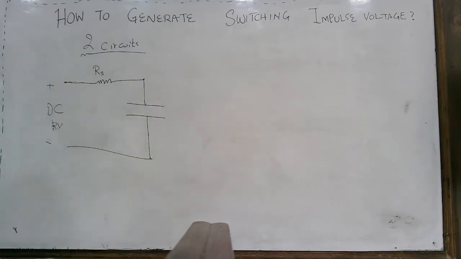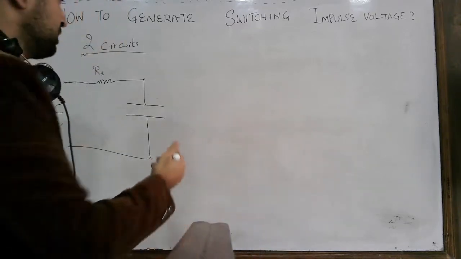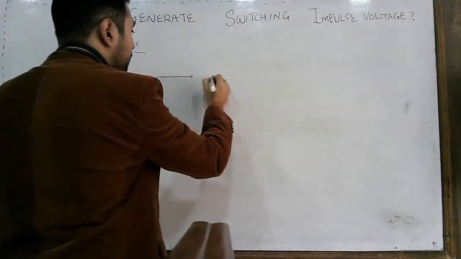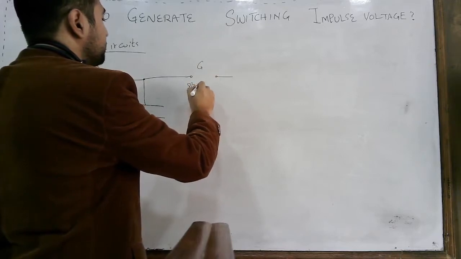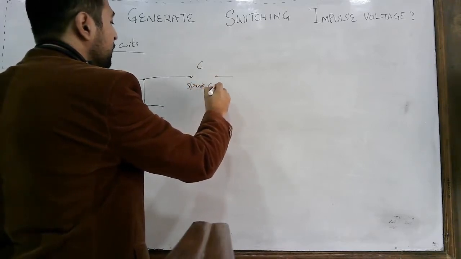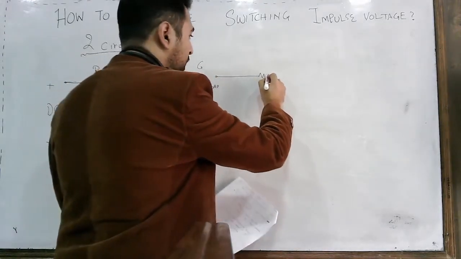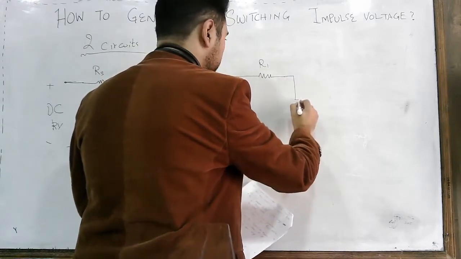Once this capacitor is charged, we need to discharge it. So, here we have a spark gap, and then we have R1 and R2.